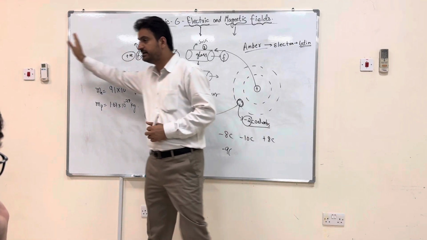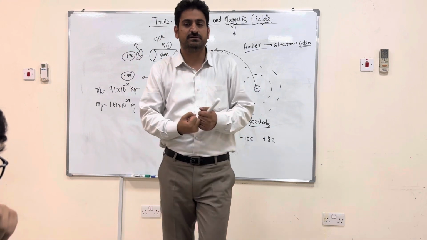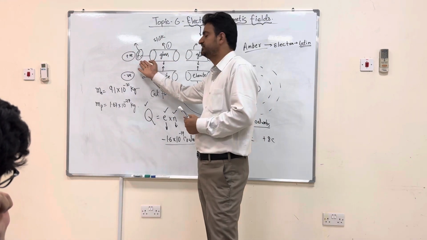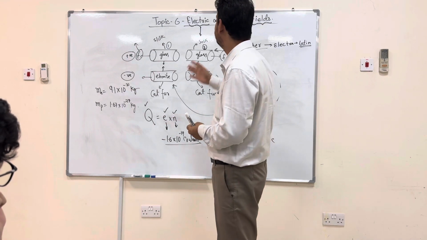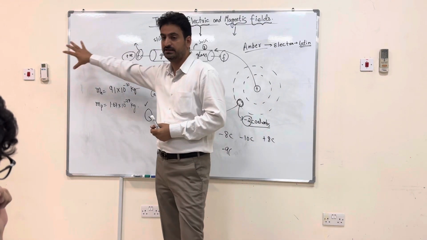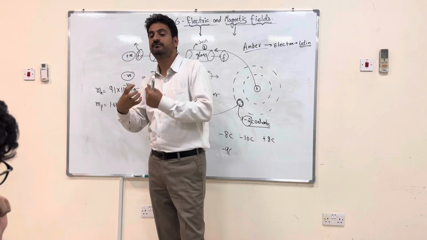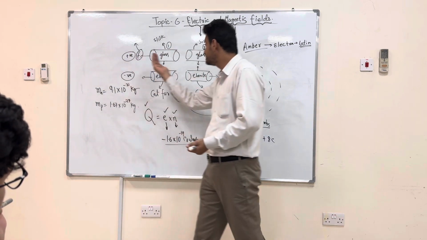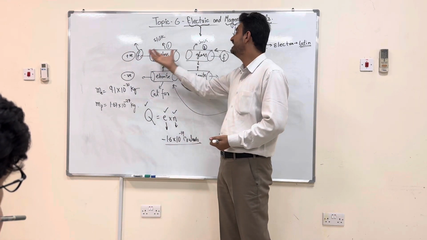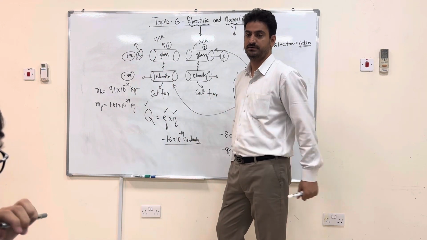If we go farther away, we see that the strength of the force decreases. So we can say that the electric field becomes weaker. As we go further, the electric field becomes weaker. If we come near to this glass rod, the electric influence becomes stronger, or we can say the electric field becomes stronger.